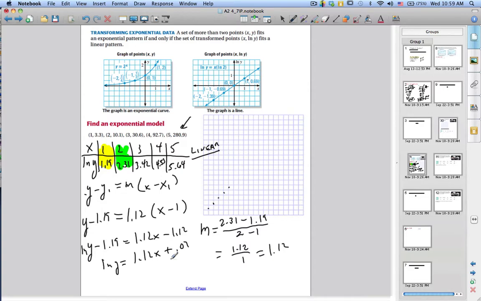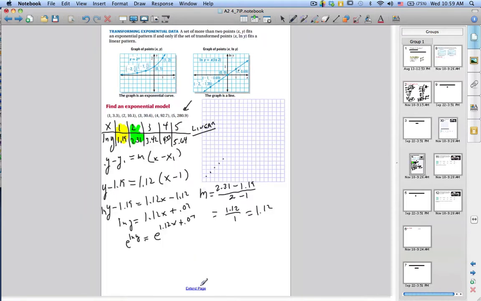Now if I want to solve for y, so far I've been working with this as a linear function, but now I can turn it back into an exponential function. If I want to get rid of the natural log, I'm going to exponentiate either side on a base of e. And if I simplify this, then y will be equal to, let's break some of this apart using the properties of exponents.